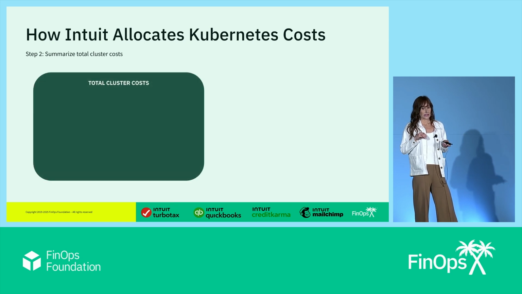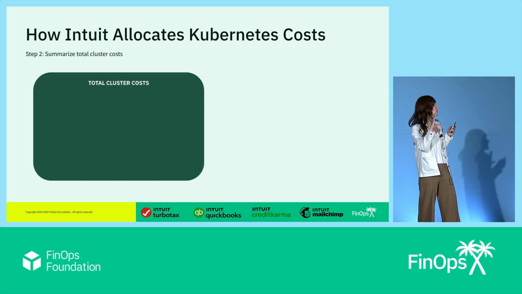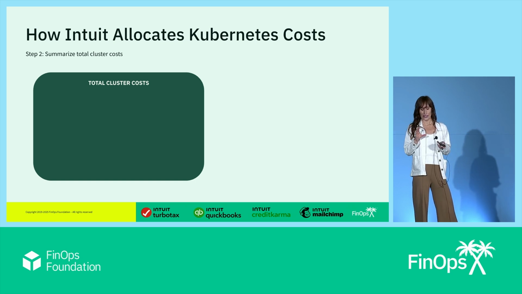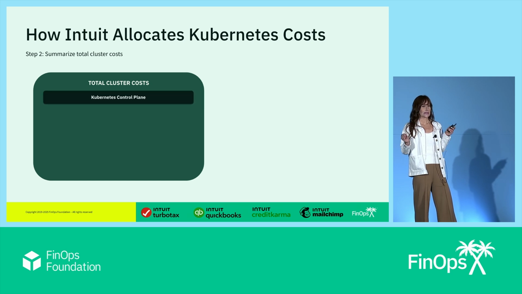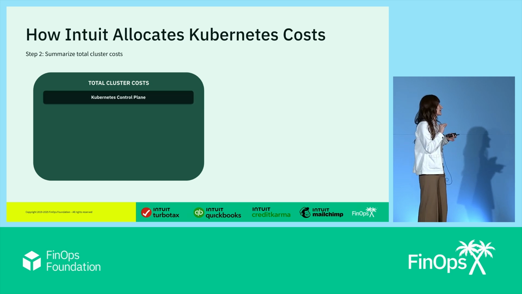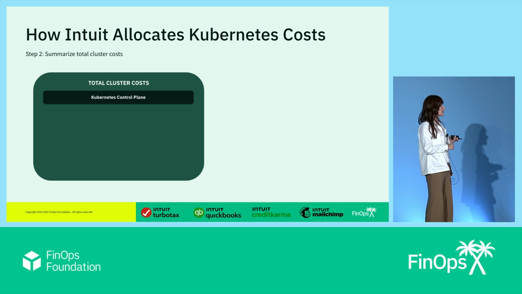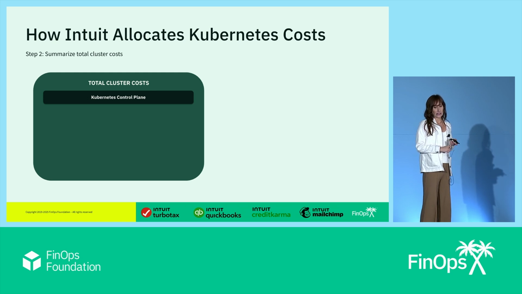The next step is to summarize your total cluster costs. Think of the cluster, this box, as the complete financial footprint of an IKS cluster. We separate it into 3 specific categories. The first one is the Kubernetes control plane. That is the managing brain of the entire cluster.